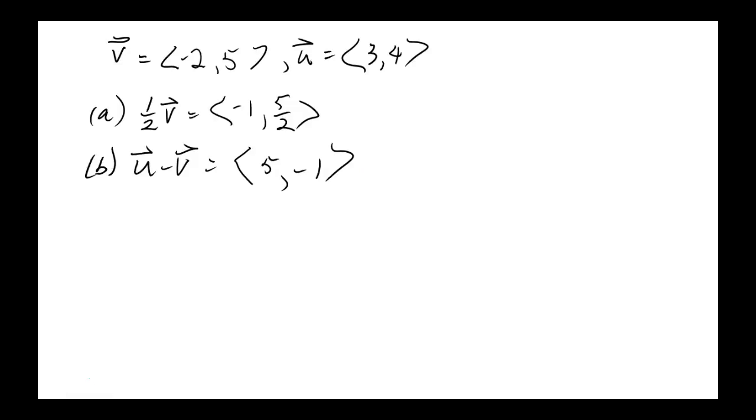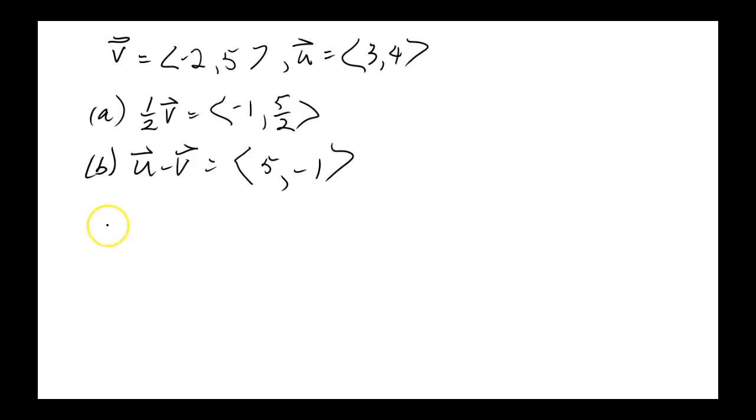Starting with U, minus, start with the first component, 3 minus a -2, which is 3 plus 2, is 5. Second component, start with U, 4, minus 5 is -1. Minus a positive 5, which would be -1.